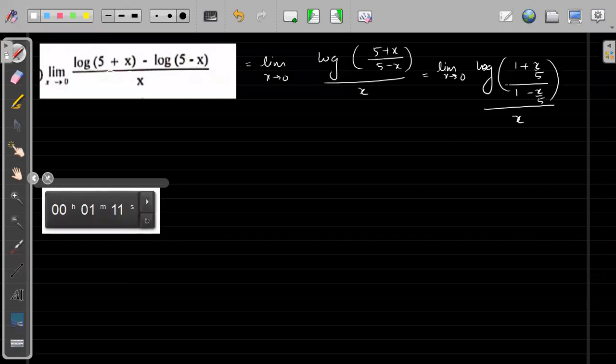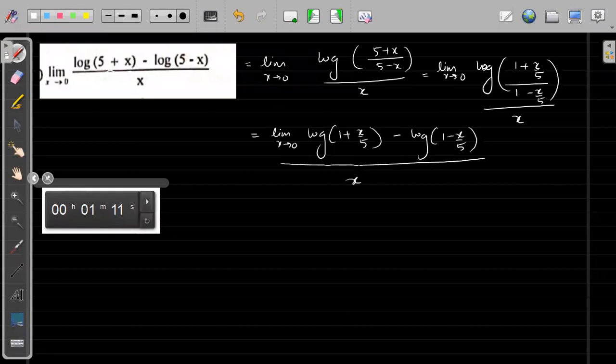Now I can take log separately, so this is limit of x tending to 0, log of (1 plus x by 5) minus log of (1 minus x by 5), whole thing divided by x.